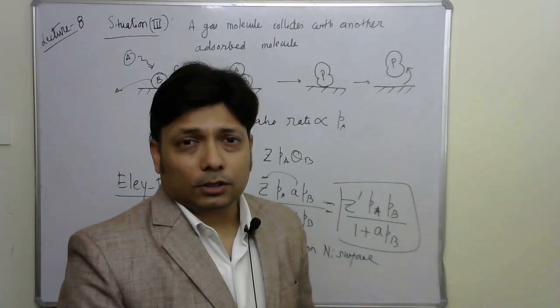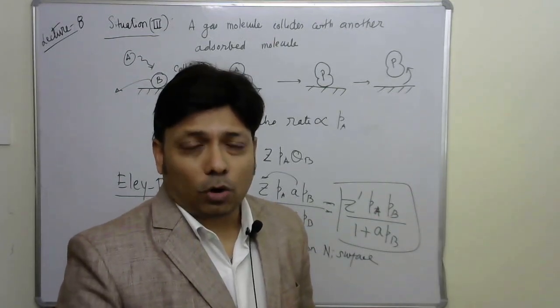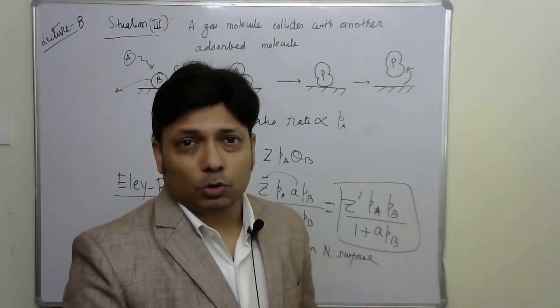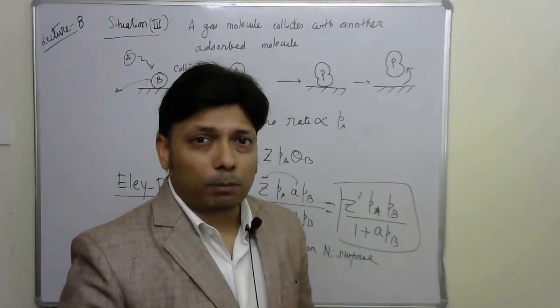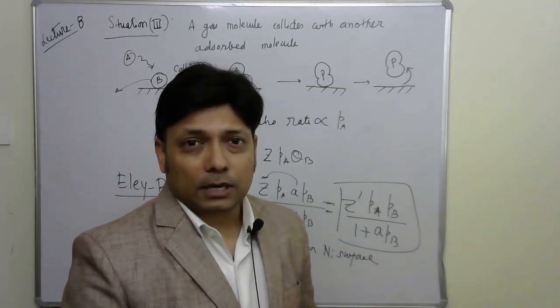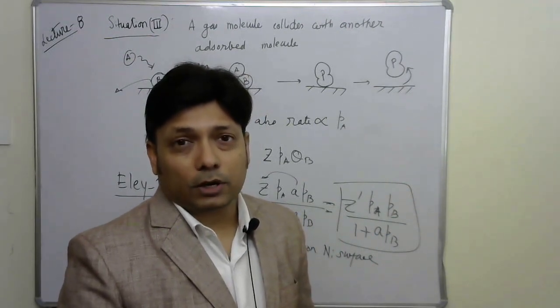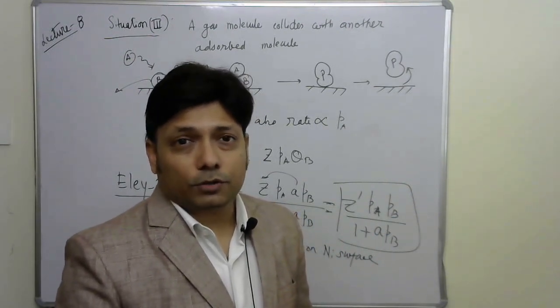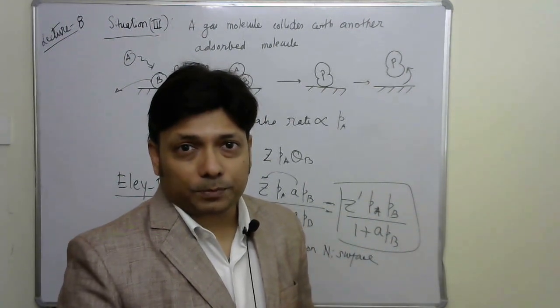I would recommend following the Atkins textbook to find out some specific applications of this solid gas heterogeneous catalysis that are very relevant to our daily life and also for industrial application.